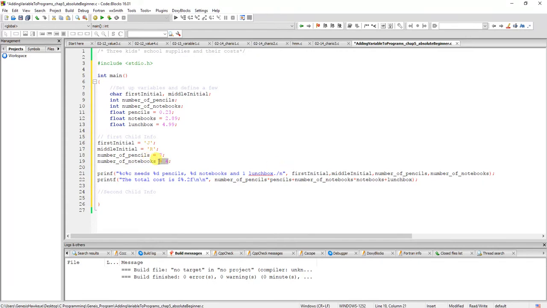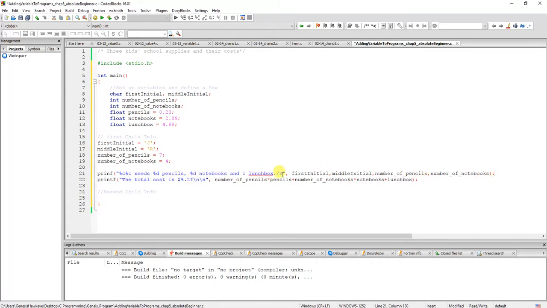4 is already defined. So number of notebooks, we put that next, since that's next in line. %D, or integer of notebooks. It's already defined, so all we've got to do is put the name of it here. And one lunchbox. It's already there for us, so we don't need to do anything.